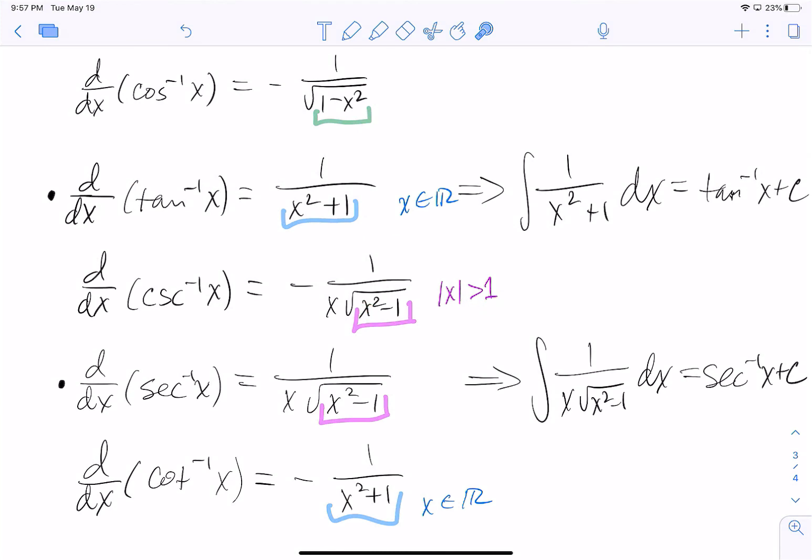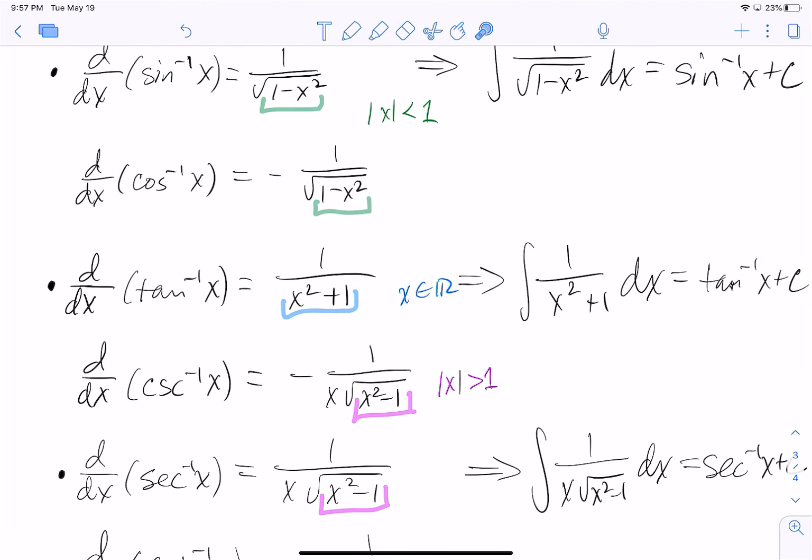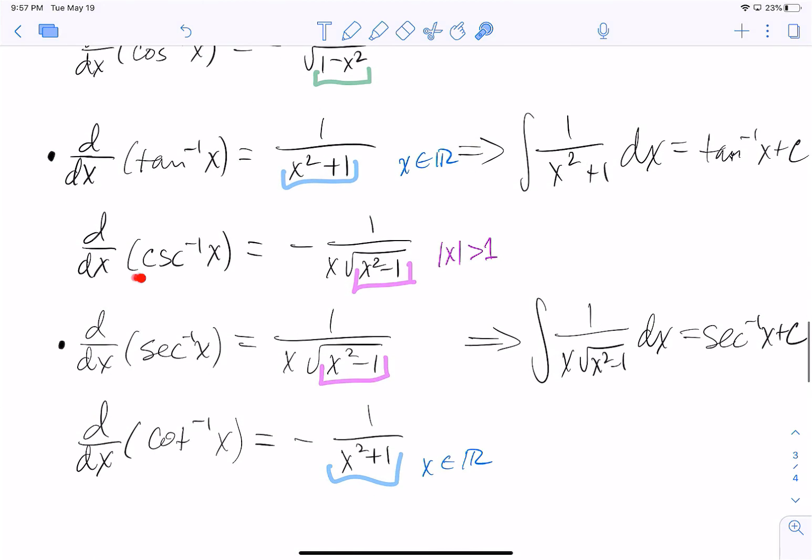Because if I'm going to square it and then subtract 1, I need a positive number in there. So I think of the inverse sine function, x can't be too big. Magnitude or absolute value of x is less than 1. For the inverse cosecant or the inverse secant, x can't be too small. Absolute value of x has to be greater than 1.